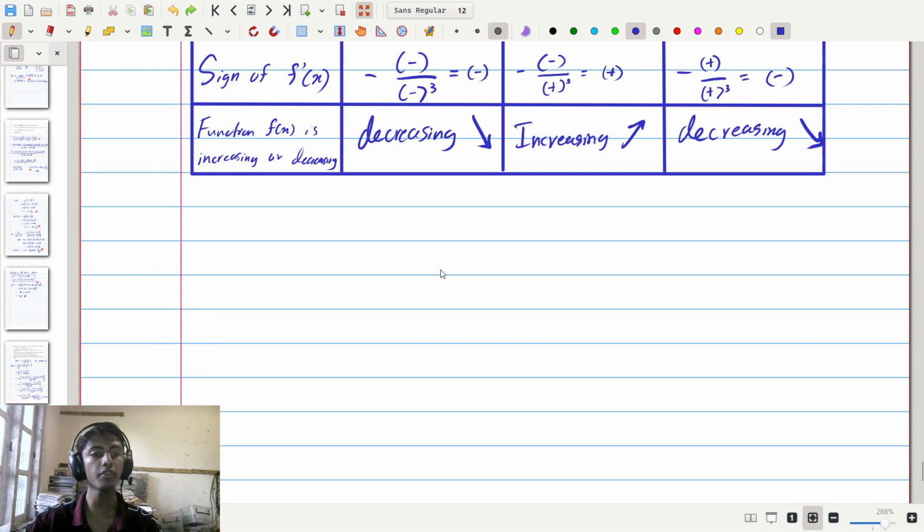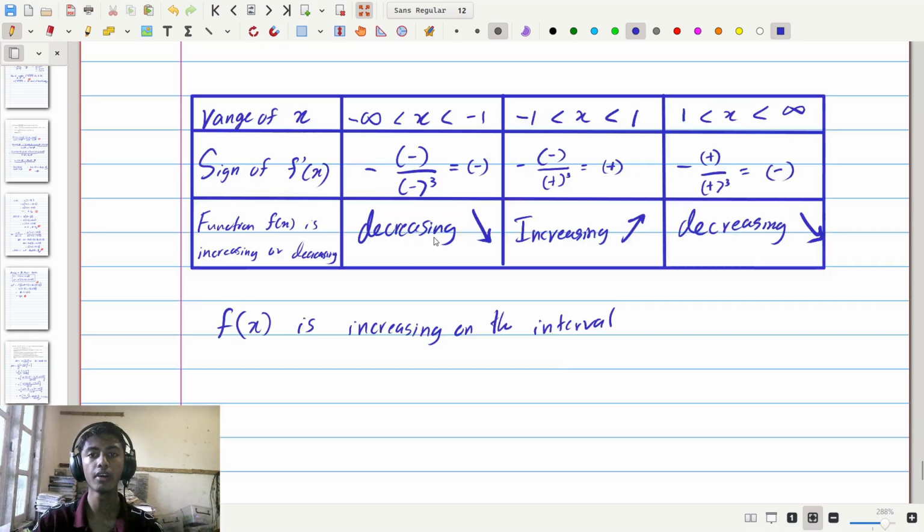So as a final statement, we can say f prime x is positive. Actually, we'll just say directly f x is increasing on the interval, the single interval of x in between negative 1 and 1.